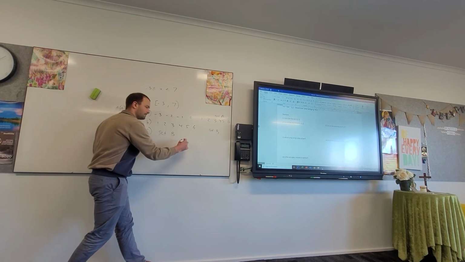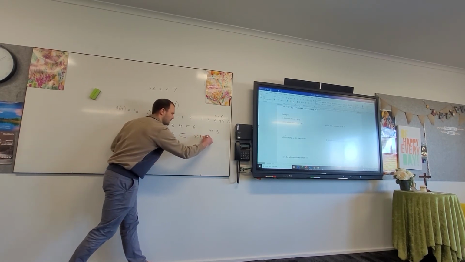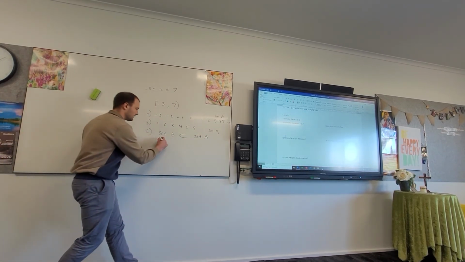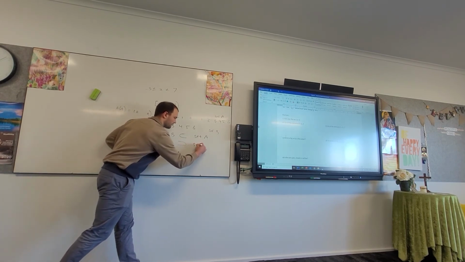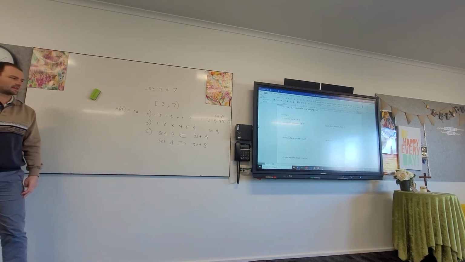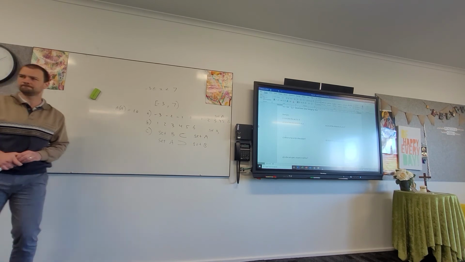We could write set B is a subset of set A, or we could write set A is a superset of set B. Set A is larger, it encompasses set B.